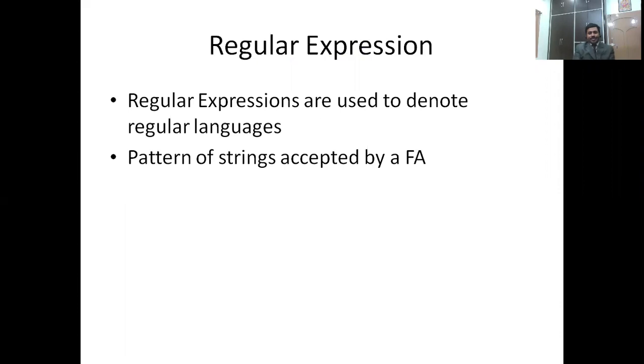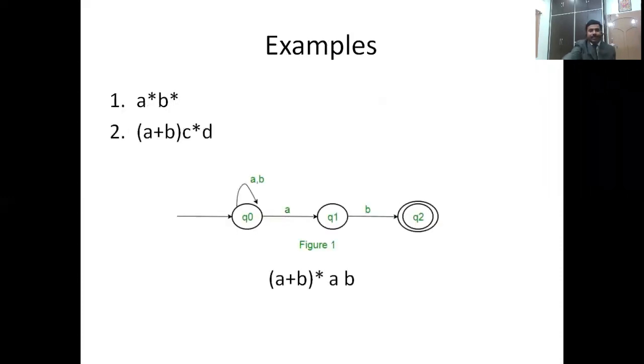DFAs, NFAs and NFA with epsilon moves accept a language called the regular language. A language consists of a set of strings that can be accepted. When all the set of strings are represented with a common expression, that expression we call a regular expression. So the pattern of strings accepted by a finite automaton is a regular expression.